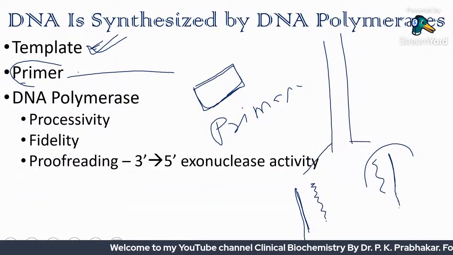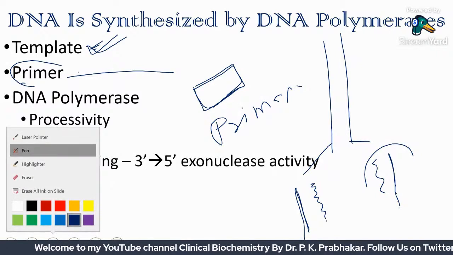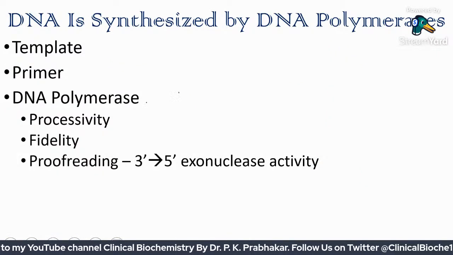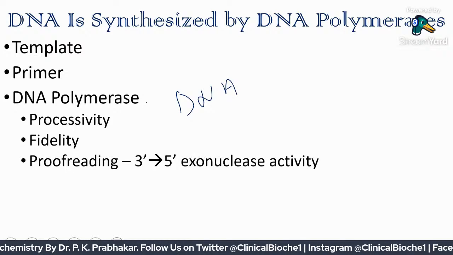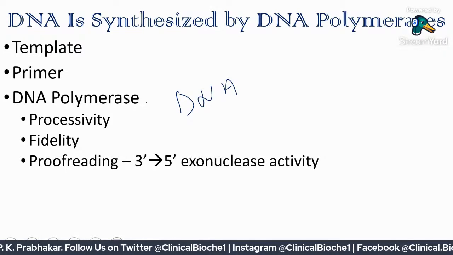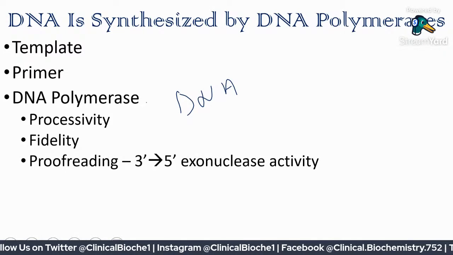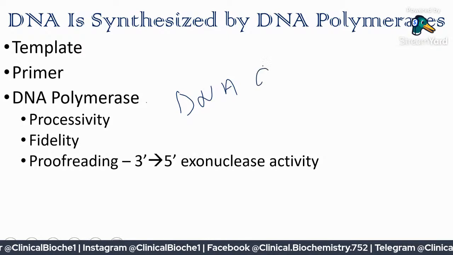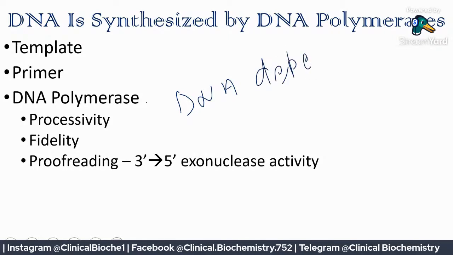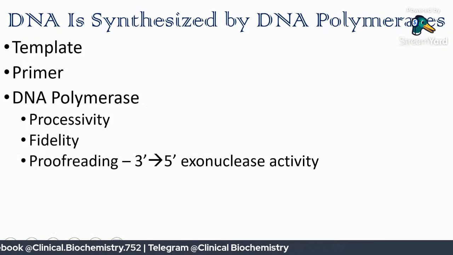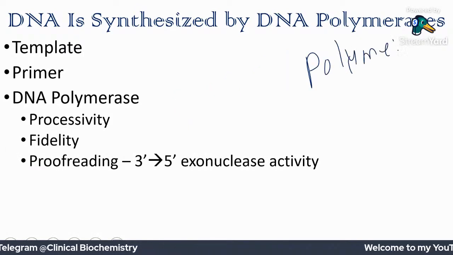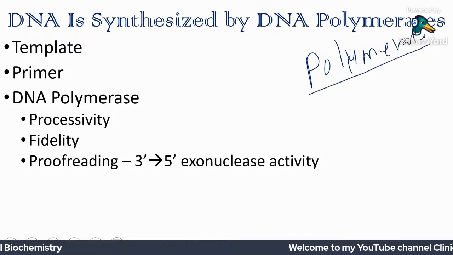and then we require DNA polymerase. This is DNA dependent DNA polymerase. Probably आपने देखे नहीं. Total 4 different types of polymerase we are having. DNA dependent. चलिए मैं बताता हूँ पहले. We require a polymerase enzyme. Polymerase means which can add a new nucleotide.